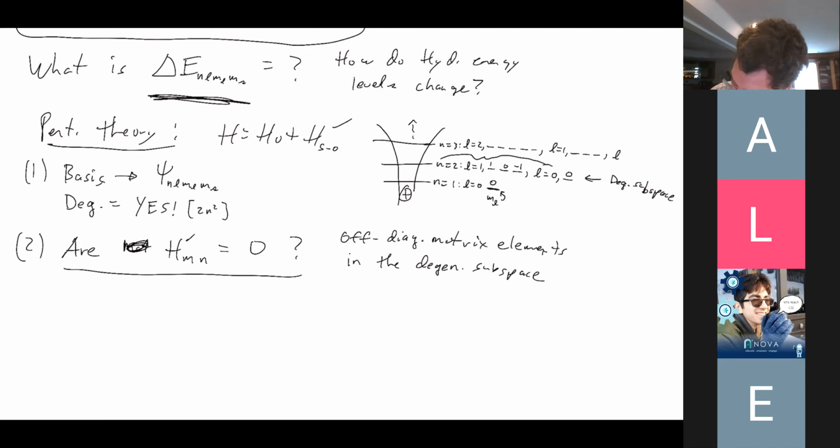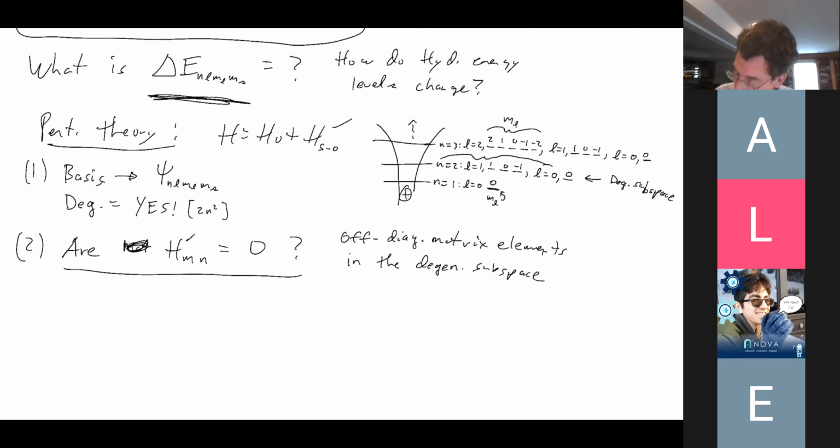And then I have L equals 0, which has just 1. Do you see how I'm writing that? So these states are the M sub L. It's going to be 2, 1, 0, minus 1, minus 2, 1, 0, minus 1, 0. These are the M sub L states.